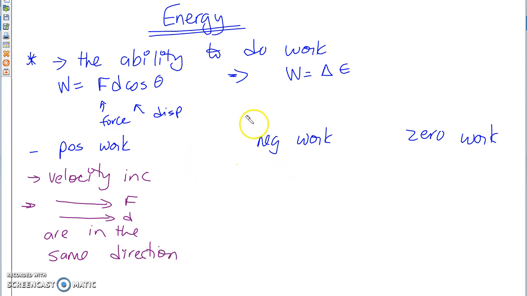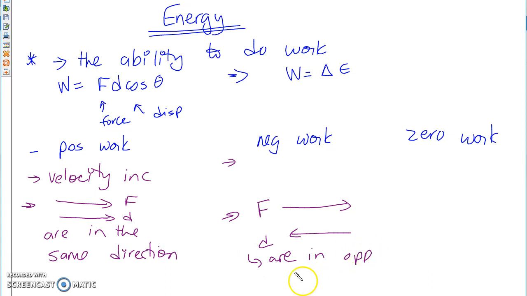Negative work, what's the criteria? Okay, so first thing, your force and your displacement are in opposite direction. If they're in opposite direction, that's usually a sign that it's negative work.